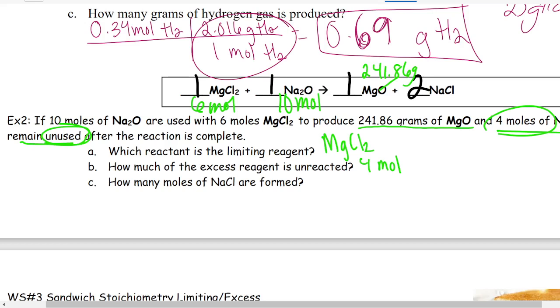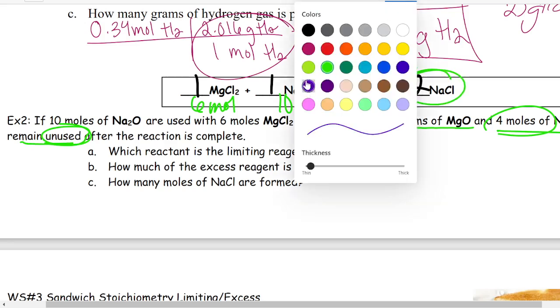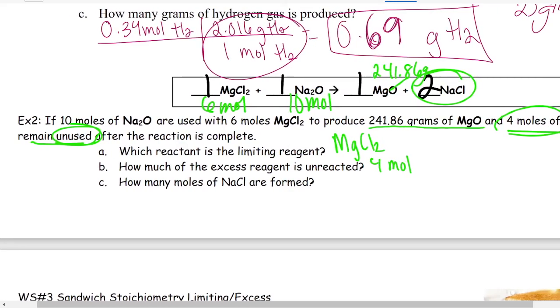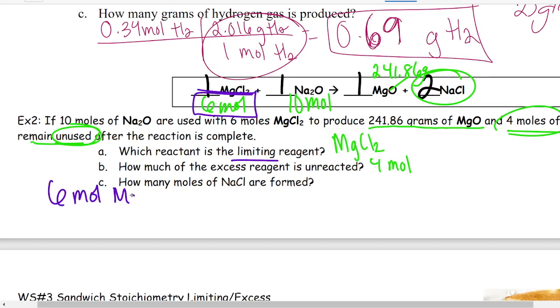And then it says how many moles of NaCl are formed. So if I want to know how many moles of this I would form, I'm going to use a different color. This one's already annoying. I need to start with my given information about the limiting reactant. I know my limiting is MgCl2, so I can start with the amount of MgCl2 that I started with, which was 6 moles of MgCl2.